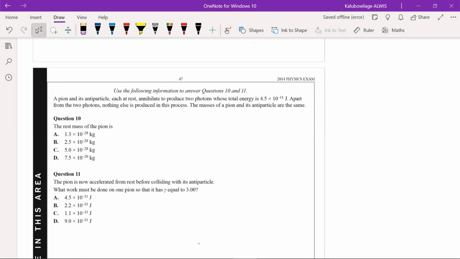And its antiparticle, each at rest, annihilate to produce 2 photons. Total energy is 4.5 times 10 to the power minus 11.